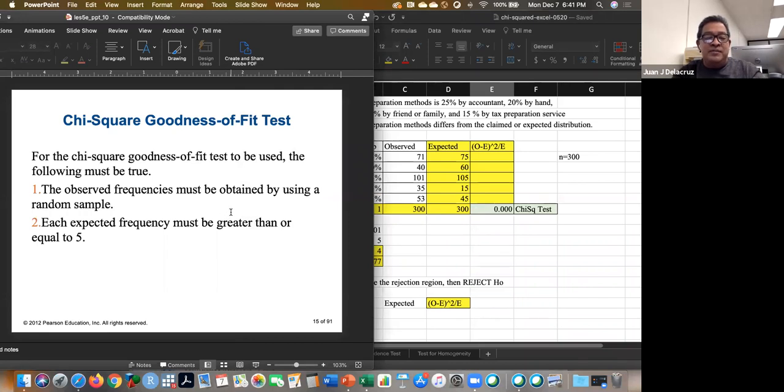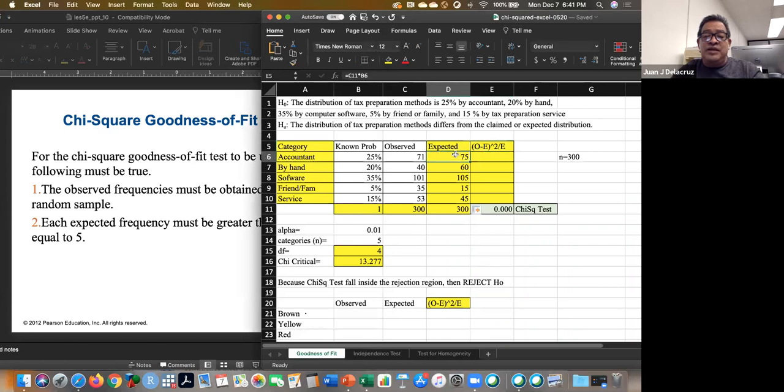The absence of randomness, or the absence of a random sample, might yield, as we know, biased results. Also, we need each of the expected frequencies to be greater than or at least equal to 5. For sure, here all the expected values are greater than 5.